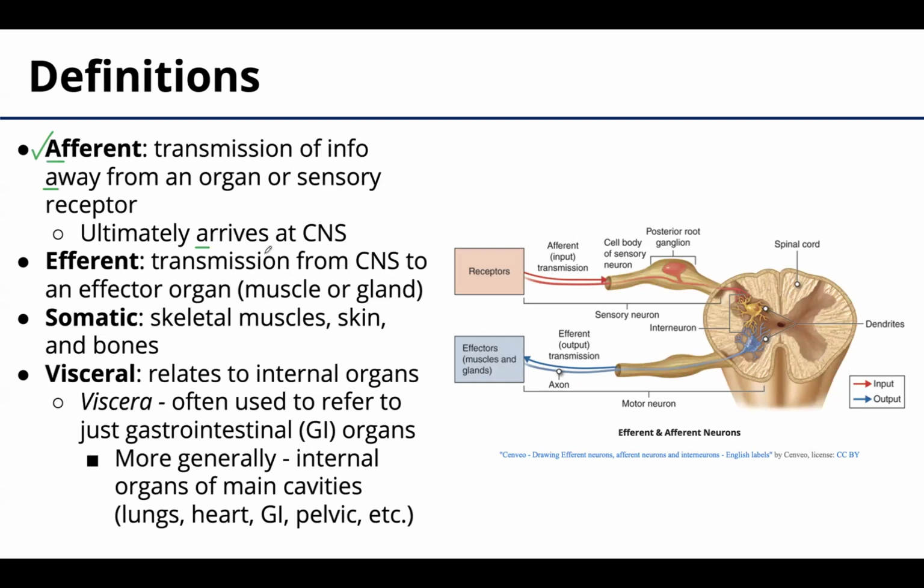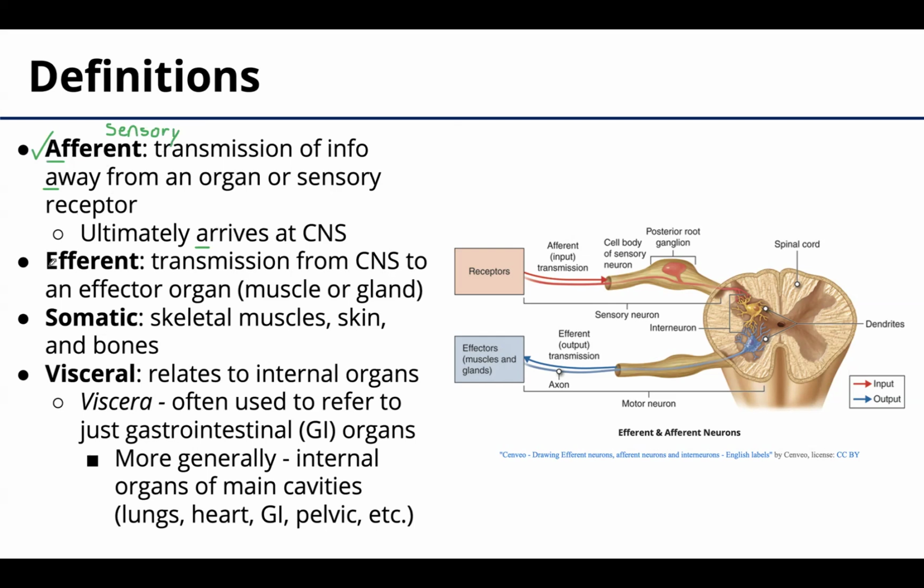So that may be helpful in terms of remembering afferent functions. Sometimes you simply see afferent fibers referred to as sensory fibers. So that's often used interchangeably, afferent and sensory.